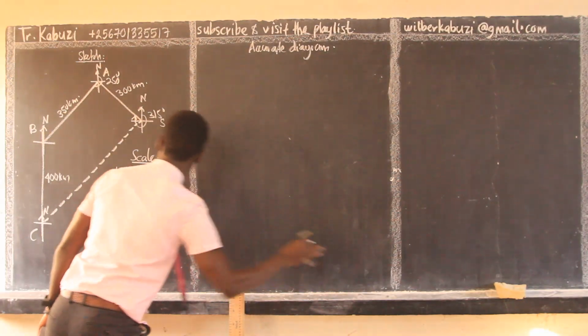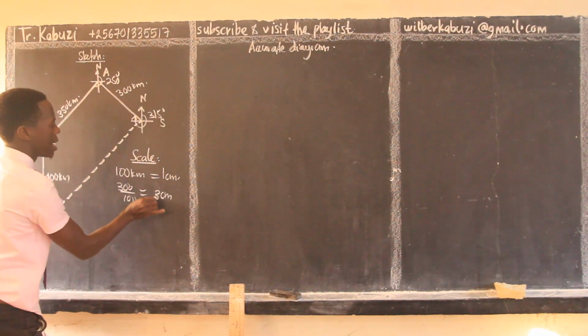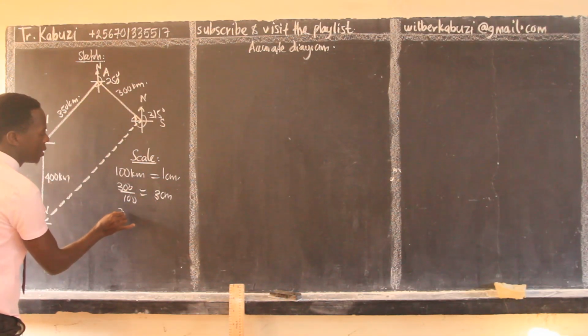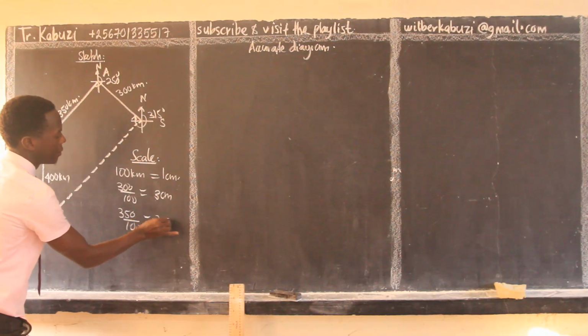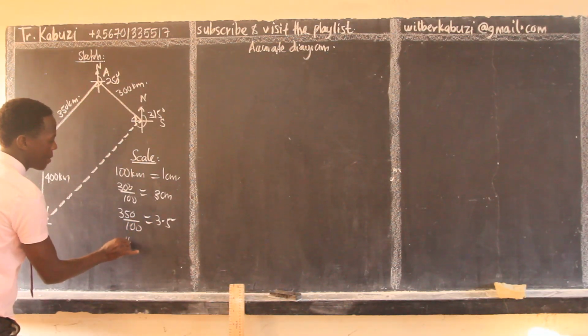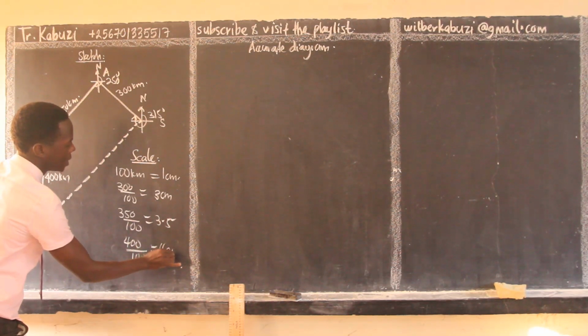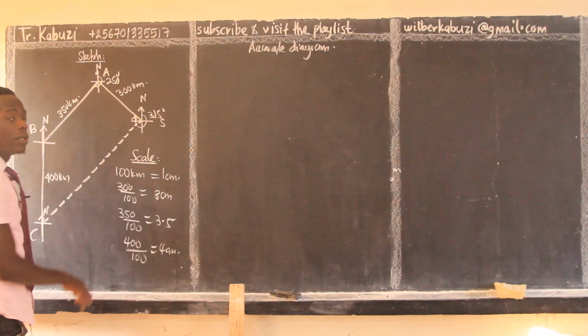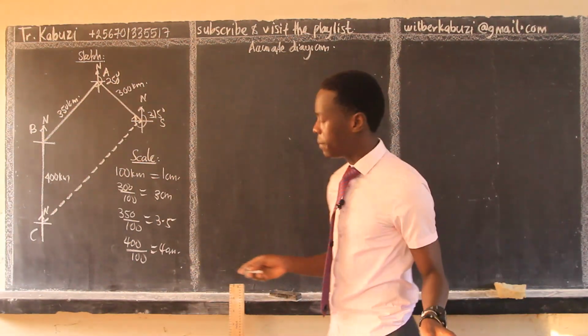Then 350 divided by 100, which is 3.5. Then 400 will be 4 centimeters. But for you, it's better to use 50 so that you can exhaust the whole graph. Remember, bearing is put on a graph.